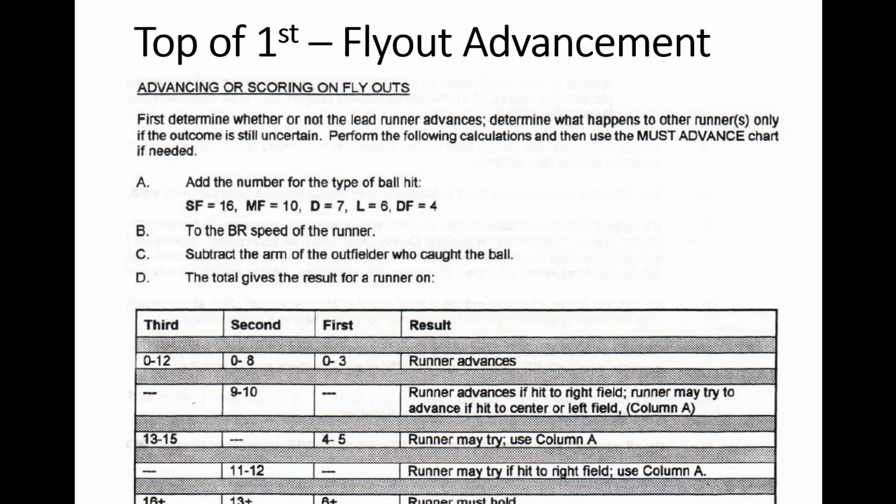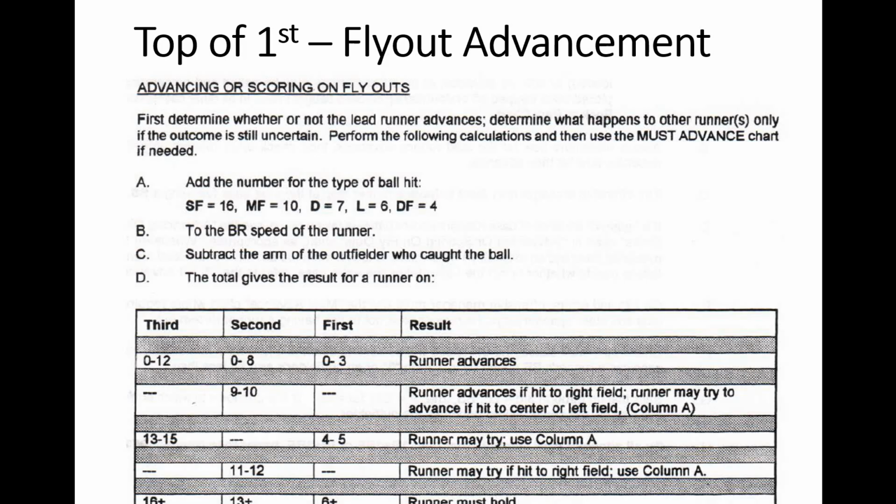Now, on a flyout, we have to determine whether or not there is any advancement. There's a section of the instructions which talks about advancing or scoring on flyouts. And remember, we have a runner on third, so this could be a sacrifice fly situation. So you have to do some more math.